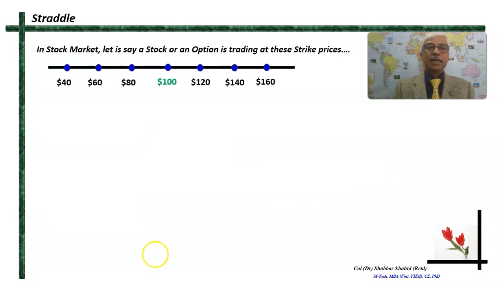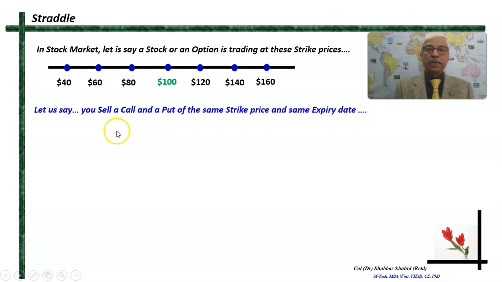Alright. Let us say that a stock or an option is trading in the market at these strike prices. Don't worry about the figures. The figures are just to make you understand that 100 is more than 80 and 60 is less than 80. That is all. They are all relative. Let us say that you go short on a call and a put.